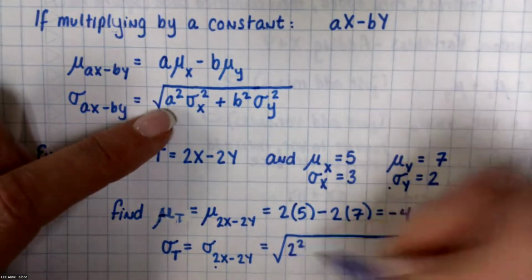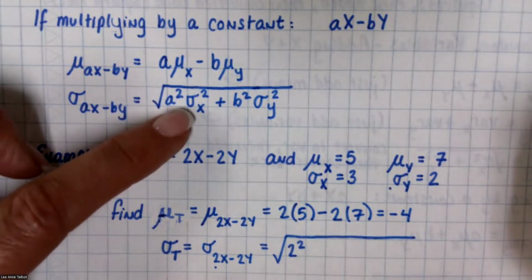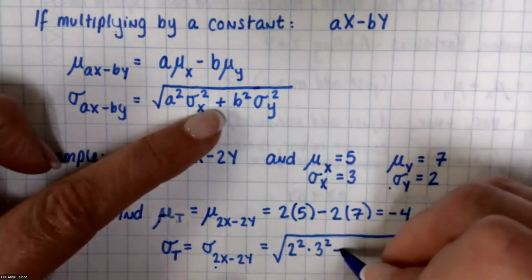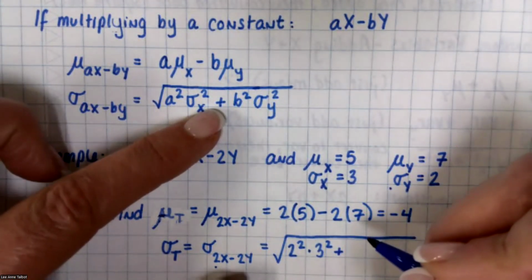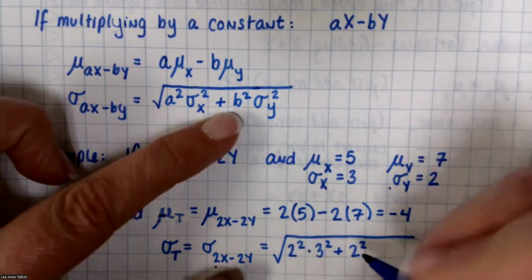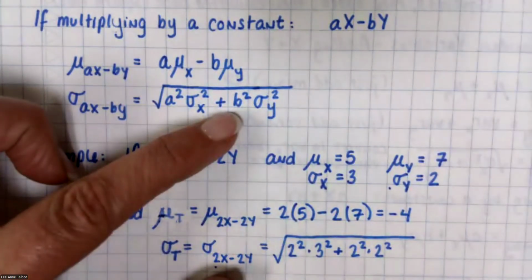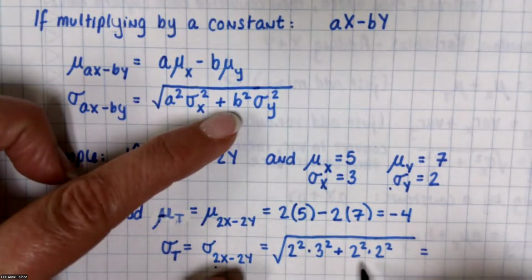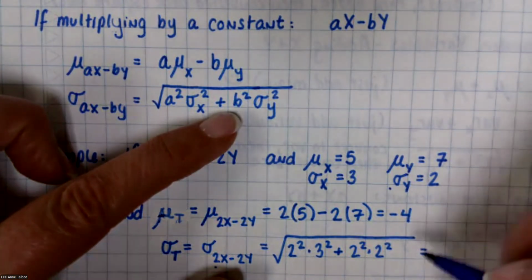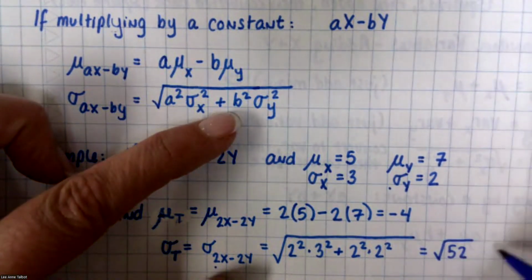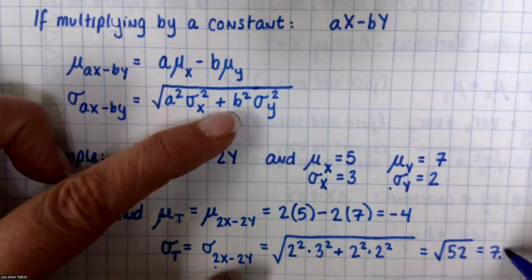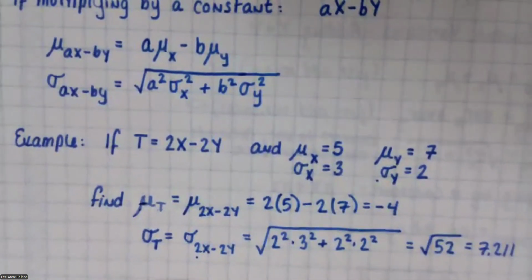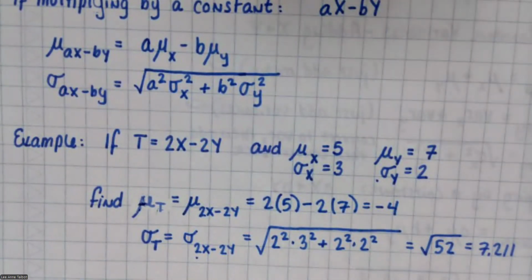So 2 squared times 3 squared plus 2 squared times 2 squared, which is 36 plus 16, square root of 52, which is 7.211. Like plugging into the formulas.